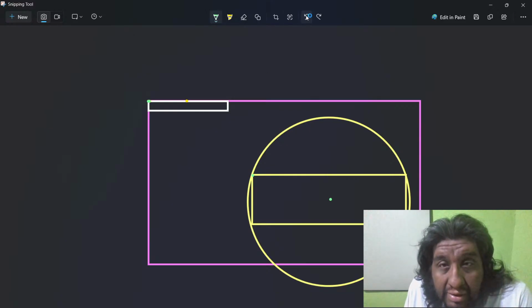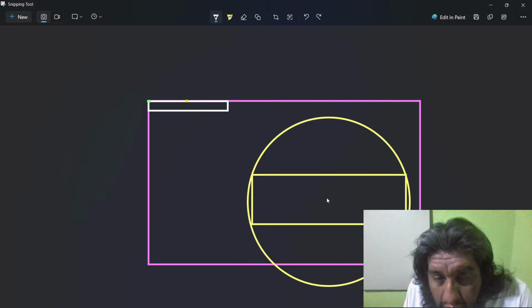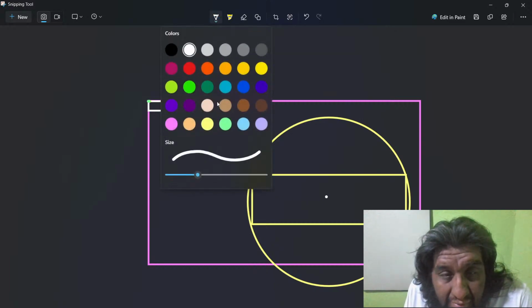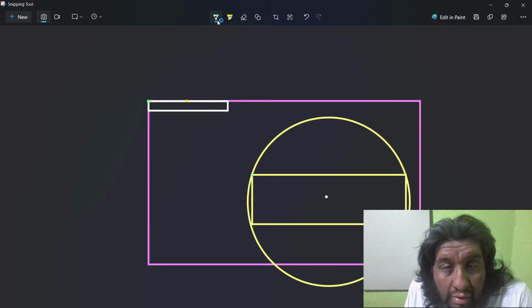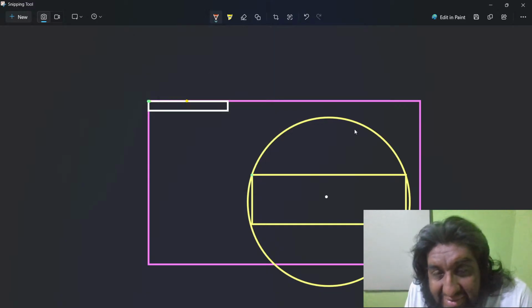We have, let's use another color. We need to calculate this. We have this. What color should we use? Orange? This should be here.